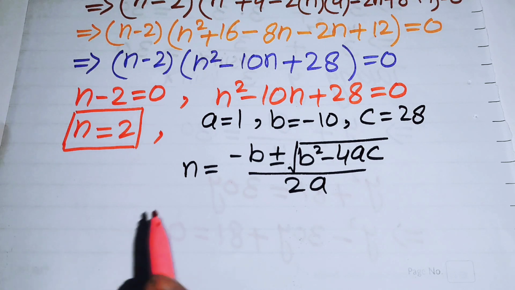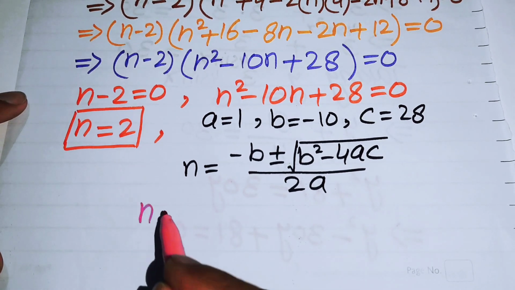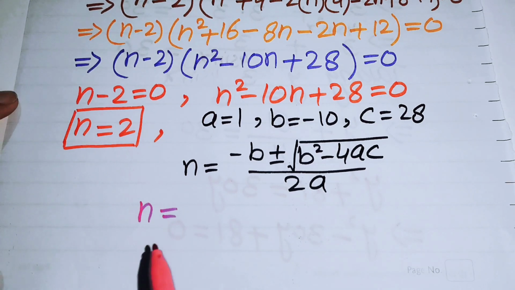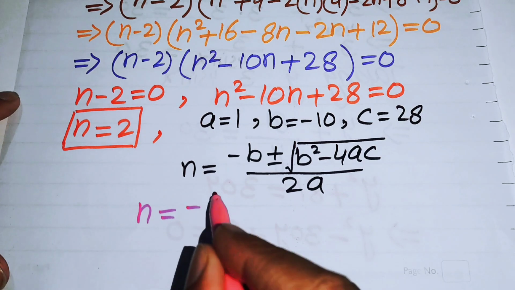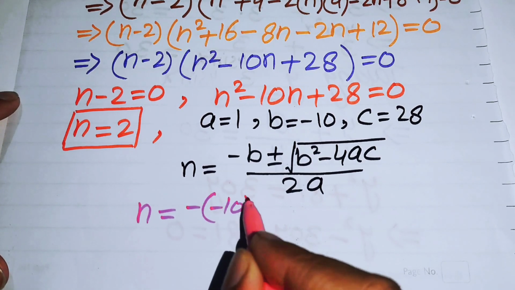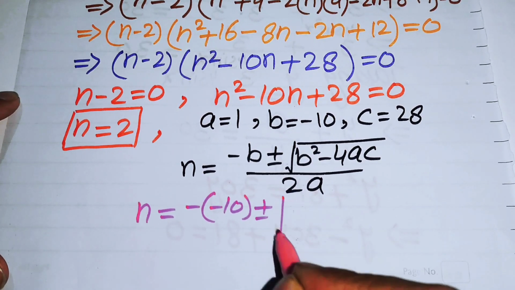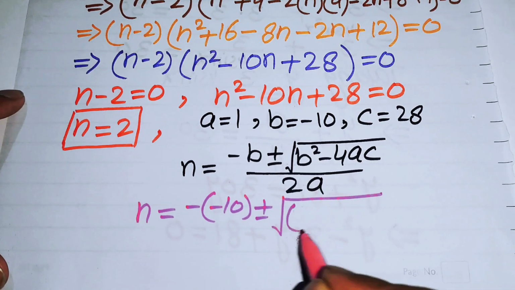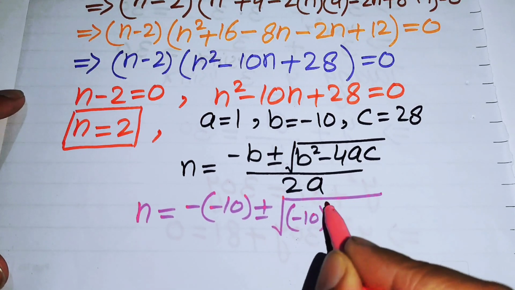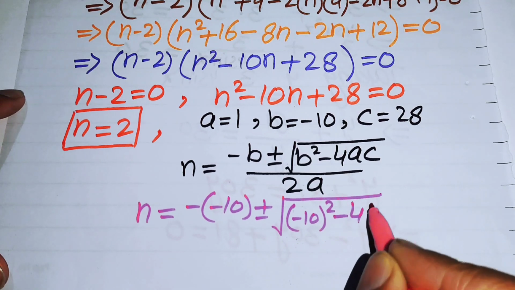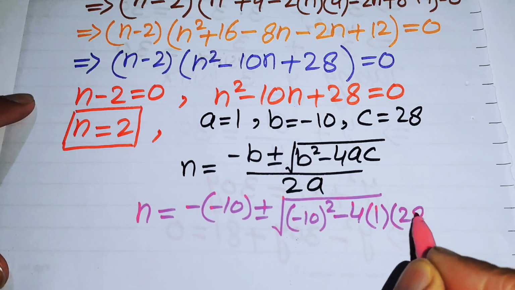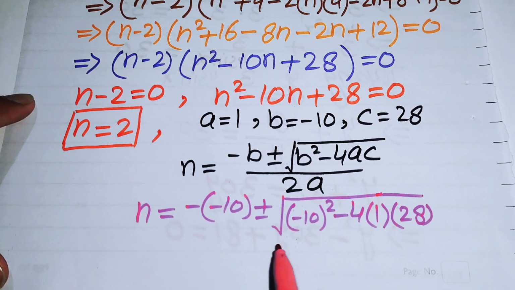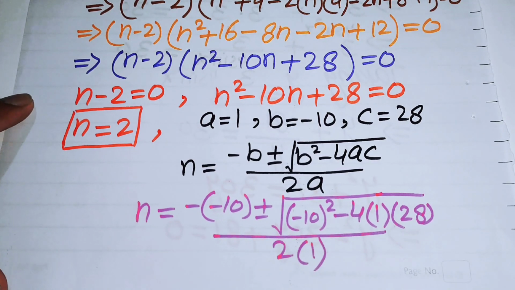Now we can put the values of a, b and c in this formula. So you get the output in this form: n equals minus b, where the value of b is minus 10, and we write it as minus times minus 10, plus or minus the square root of b squared, and our b is minus 10 squared, minus 4 times ac, and our a is 1 and c is 28, and this whole over 2 times a, and our a is 1.